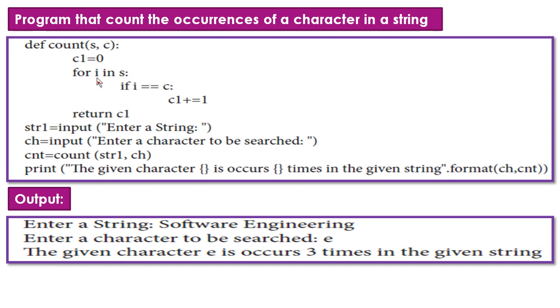In the for loop, the first step i in s, the first character is capital S. Here i is checked with c.